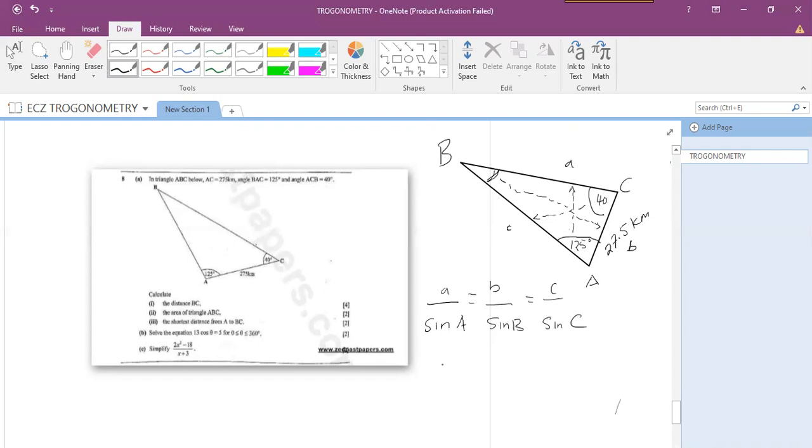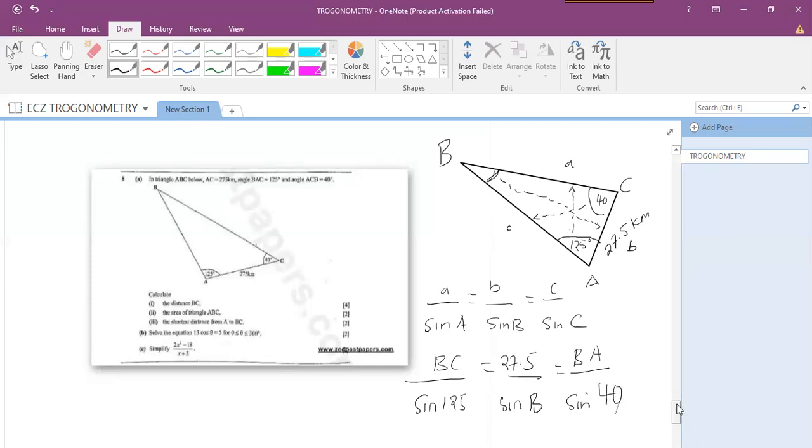Calculate BC, so we're going to say BC over sine 125 is equal to b, with b being 27.5 kilometers, 27.5 over sine B, we're going to find that angle, is equal to c, which is this side BA, BA over sine 40.